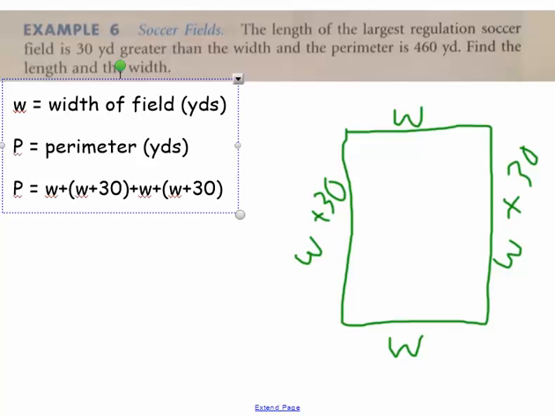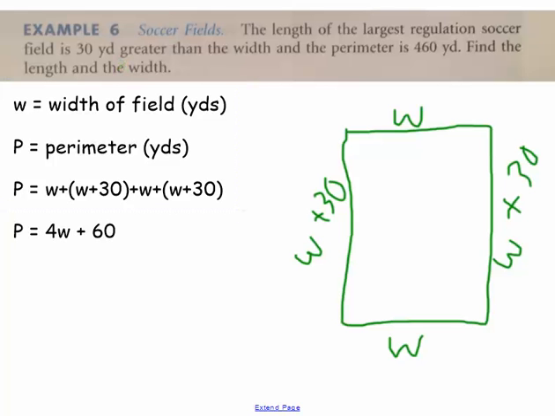Now, since addition is associative, I can remove these parentheses, and I can rearrange the terms. This is our three-part model. I'm going to go ahead and add like terms now. And I get p equals 4w plus 60.